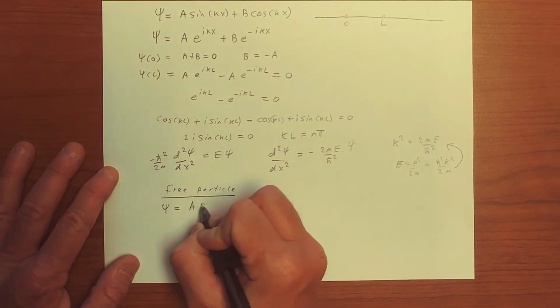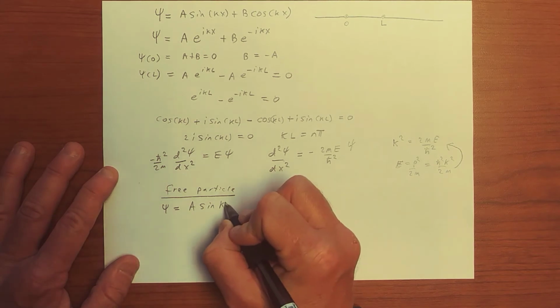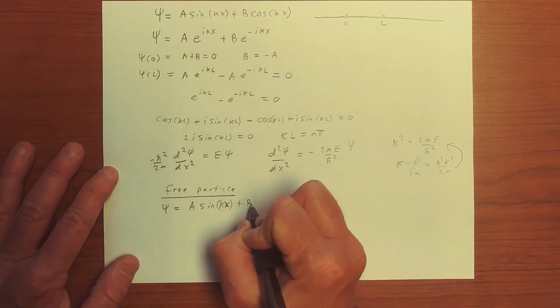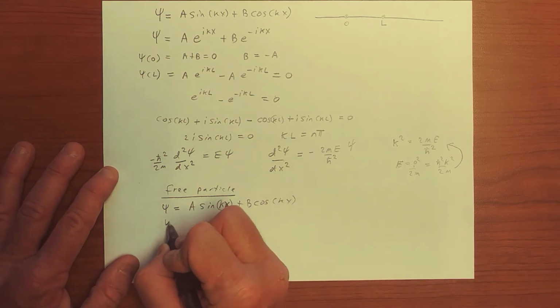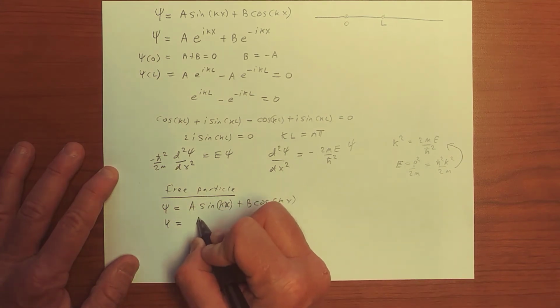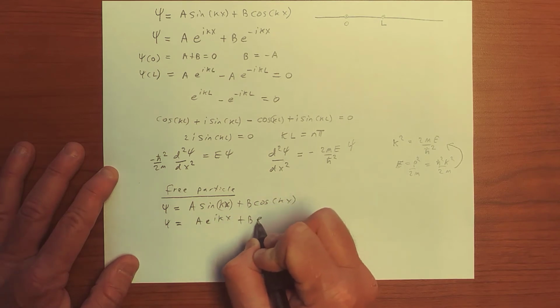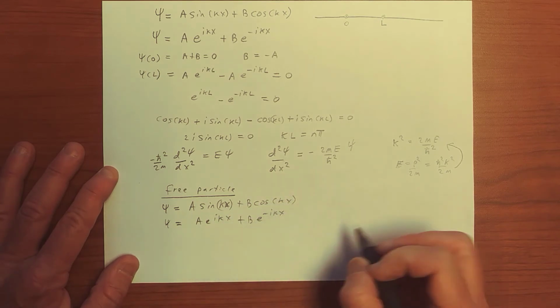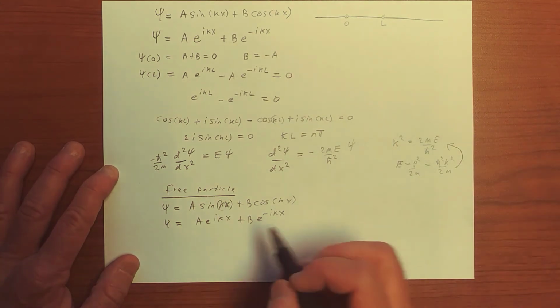So we could write something like this, a sine kx plus b cosine kx, or we could write this as a e to the ikx plus b e to the minus ikx. But then we don't have any further constraints. We don't have the boundary conditions that can specify any further constraints.